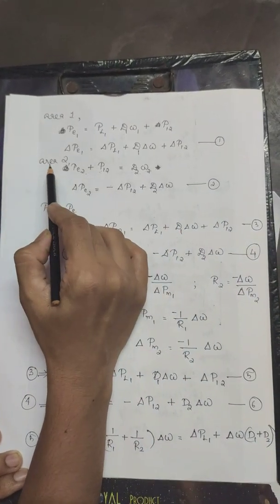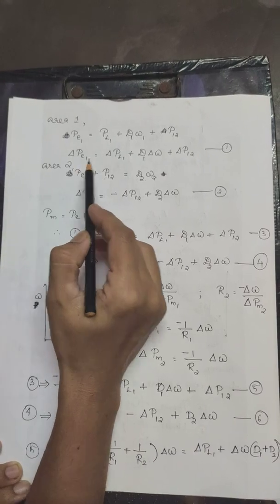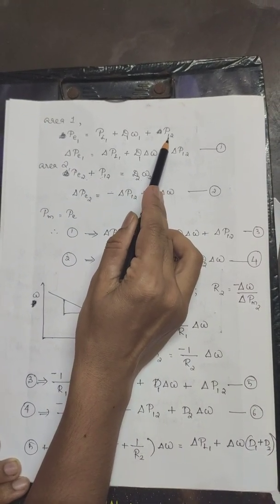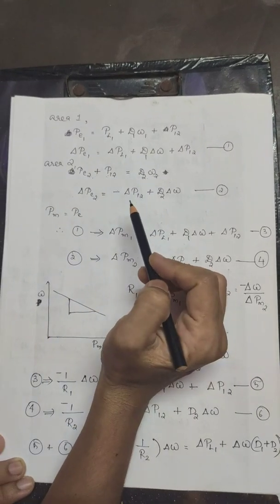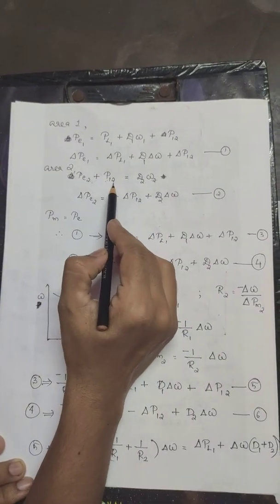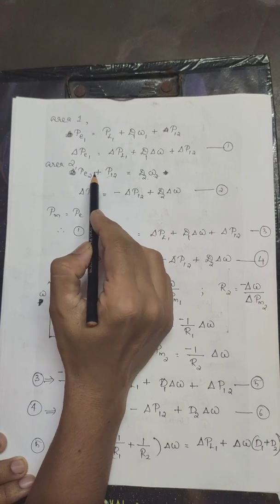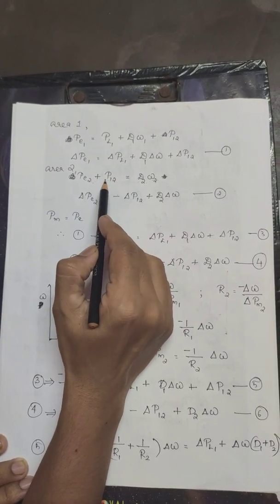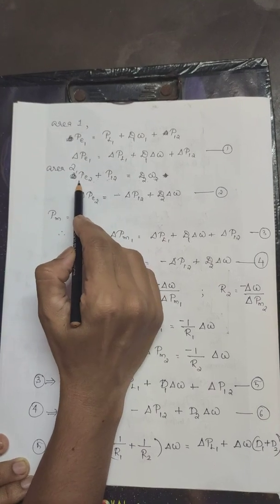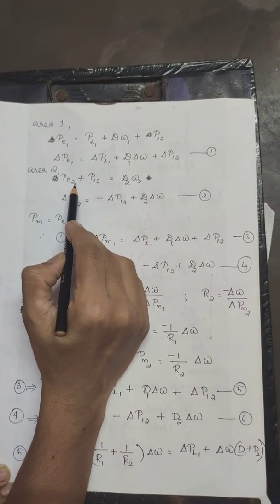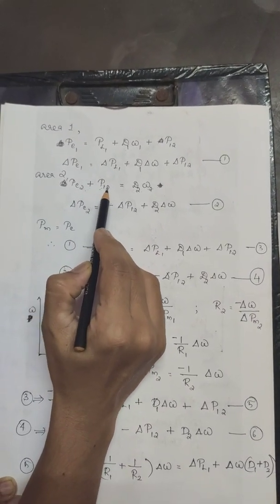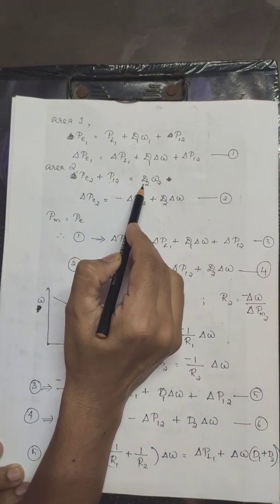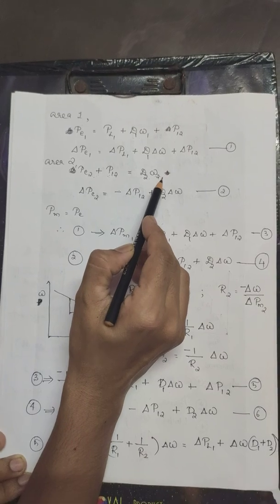And now the equation for area 2. So we have assumed that the tie line power is flowing from area 1 to area 2. So for area 2, this power can be added to the total electrical power output because area 2 is receiving the power. So the total electrical power output of area 2 plus the tie line power is used for supplying the frequency dependent loads there.